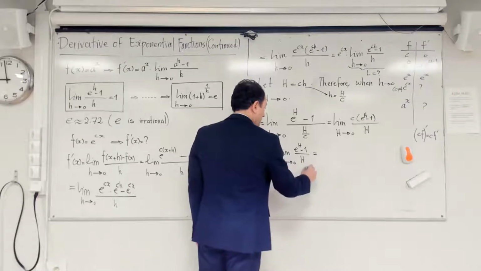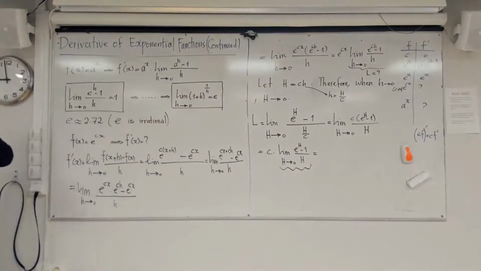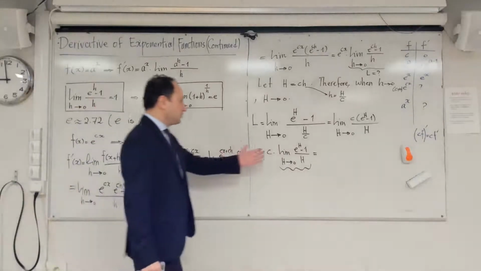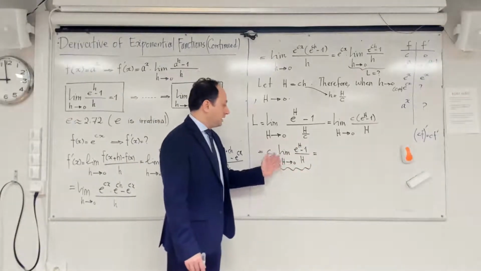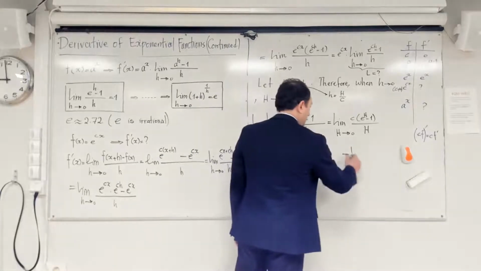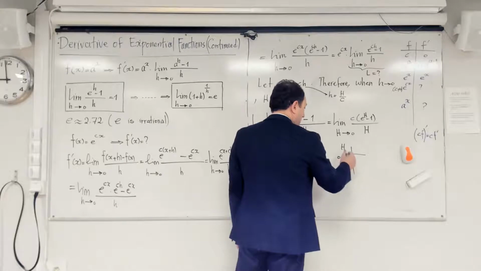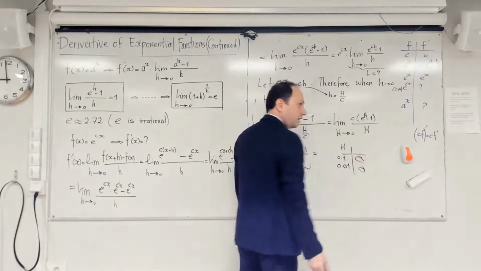Okay, now can you tell me what this limit is? It should be 1. Yes, because this is the same limit, but the name of the variable is capital H instead of little h. For example, if I ask you to take your calculator and guess this number, you set up a table, but this time you would write capital H, and say H is 0.1 and 0.01, and then you calculate these values.